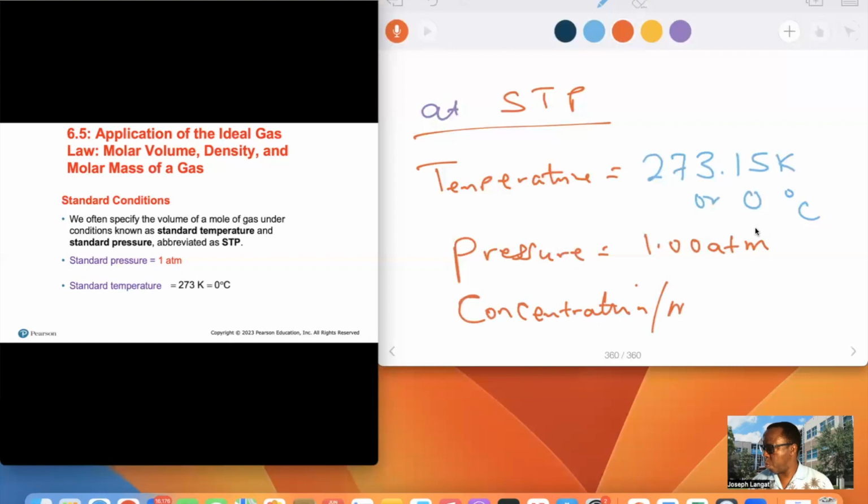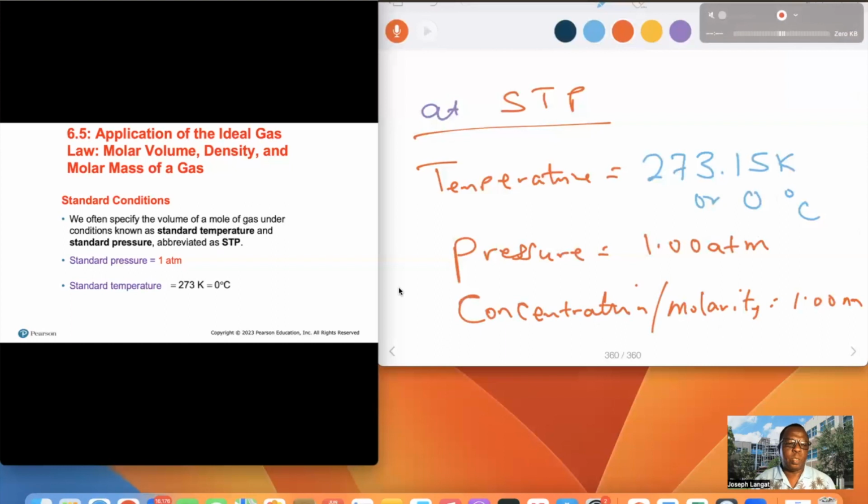Concentration, or molarity, equals 1.00 molar. These are the conditions at STP you need to know. Down the line, you'll be given a problem at standard temperature and pressure, or just at STP, which you are expected to know.